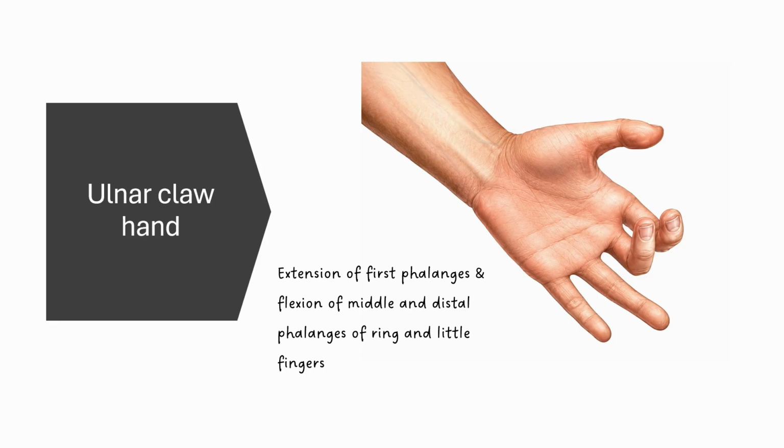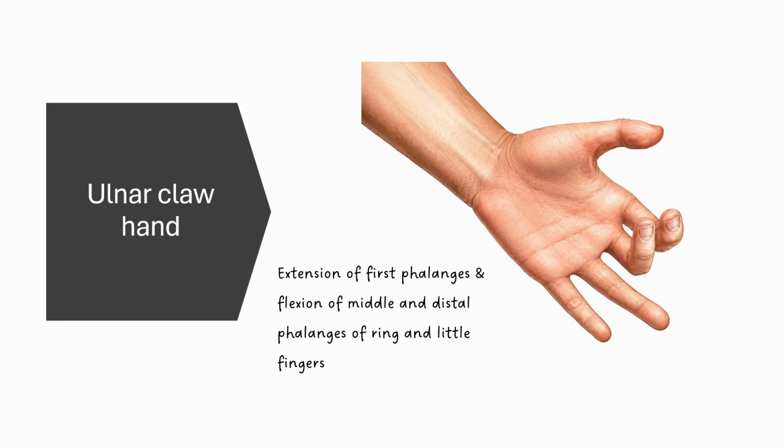We have to understand here that the lumbricals and the interossei flex the metacarpophalangeal joints and extend the interphalangeal joints. So when both the lumbricals and interossei are paralyzed, what happens? The extensor digitorum tendons, coming from the forearm, act unopposed, causing hyperextension of the metacarpophalangeal joint.